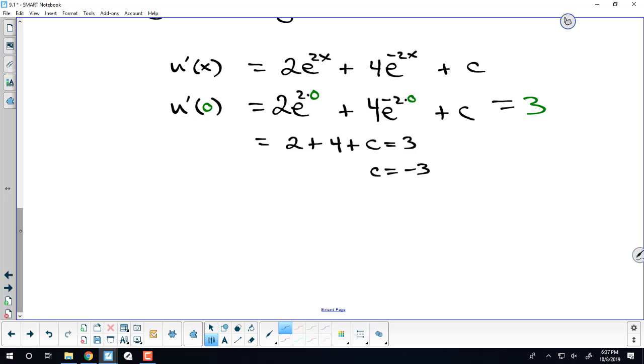Okay. So we figure out the specific u prime first before moving on to figure out what u is. So we have u prime as 2e to the 2x plus 4e to the negative 2x minus 3.